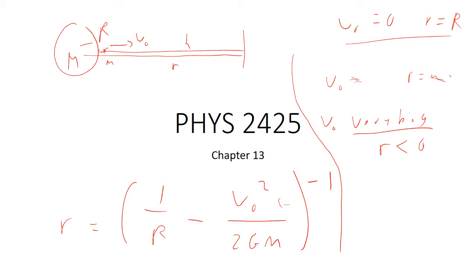But we notice there's another problem. If v naught is just right, or just wrong, then 1 over r minus v naught squared over 2GM is going to be 0.